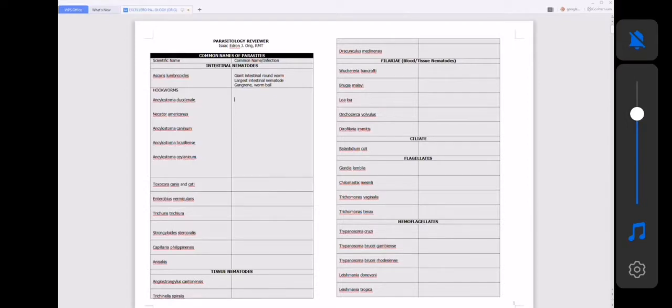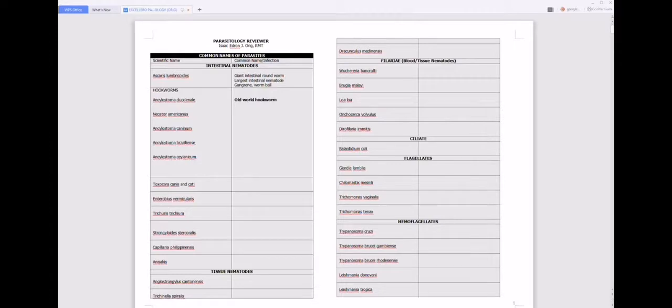Okay. So next are the hookworms. So hookworms, first is Ancylostoma duodenale. So Ancylostoma duodenale, you can also call it as old world hookworm. Okay. So Necator americanus, depends on how you pronounce it.